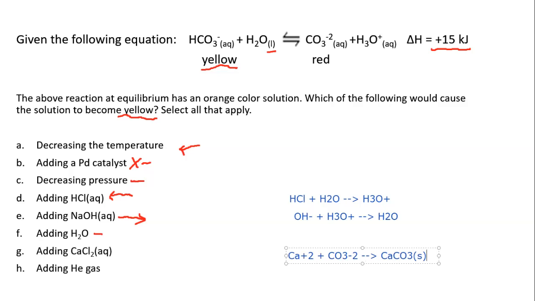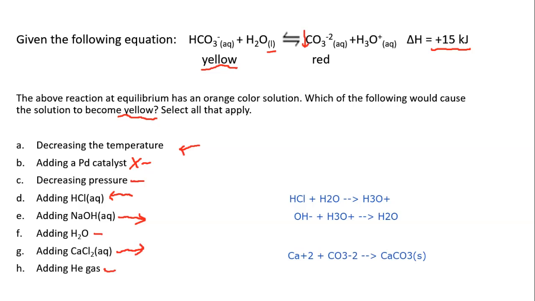If the calcium reacts with the carbonate to precipitate out, that means we're losing carbonate, decreasing the concentration of carbonate. So it's going to shift to the products. Adding helium gas, which is an inert gas, will not affect equilibrium. And it won't affect equilibrium even if you did change the pressure or the volume because there are no gases in this reaction.